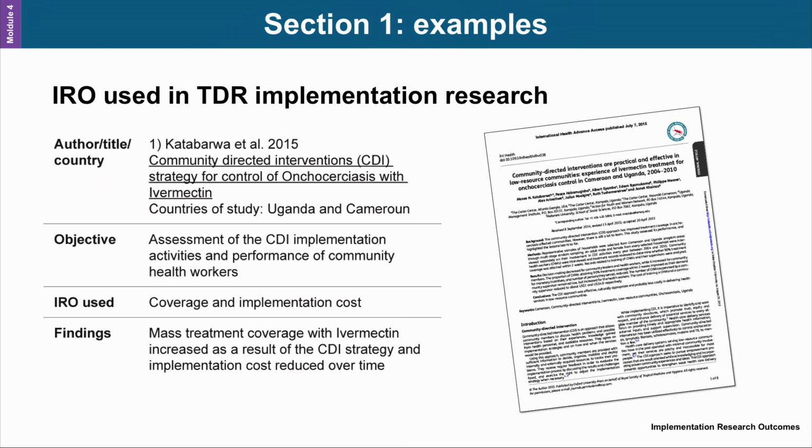They also looked at costs of delivering even the community-directed strategy, including cost of the implementation of the ivermectin control program within their community. And their findings were that mass treatment coverage with ivermectin increased as a result of the CDI strategy, and that implementation costs reduced over time.